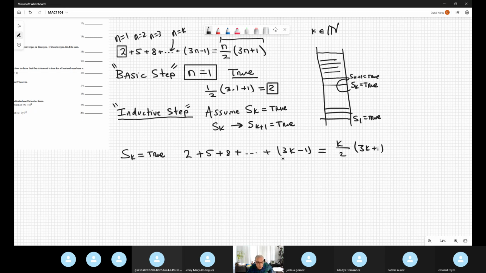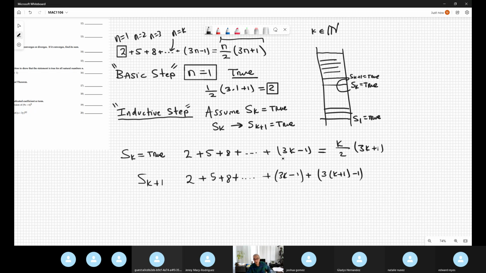So now I try to investigate what's going on in S sub k plus 1. Oh, it's easy. You copy the same, include this, of course. And you add the next. What is the next? The next is 3k plus 1 minus 1.